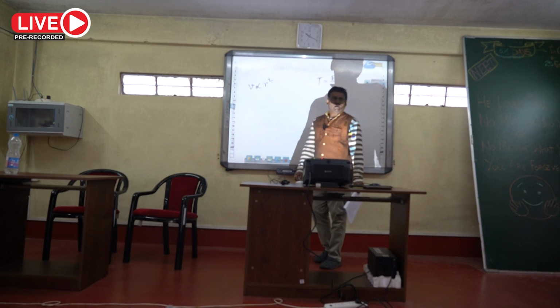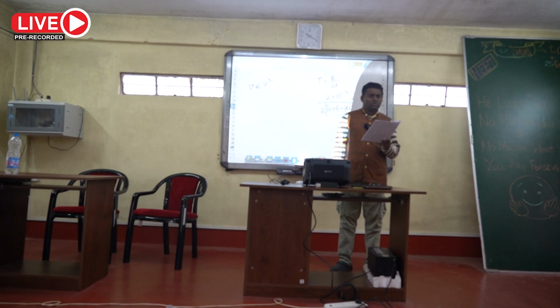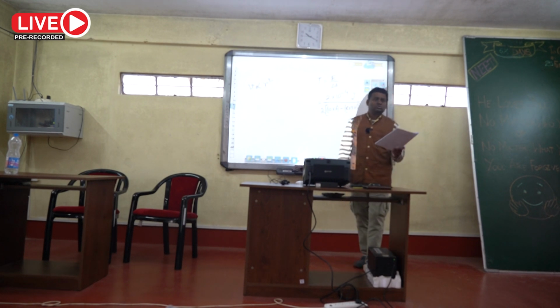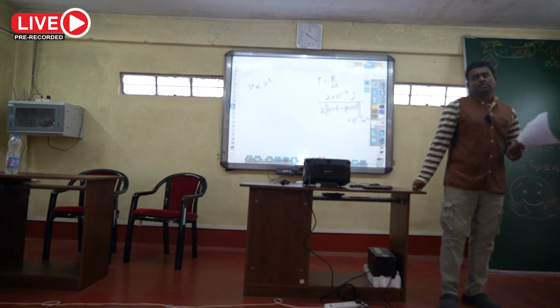So the ratio of the terminal velocities is given, that is 9:4. So the ratio of the radii will be 3:2. So the ratio of the volumes will be, make it cube, so it will be 27:8.